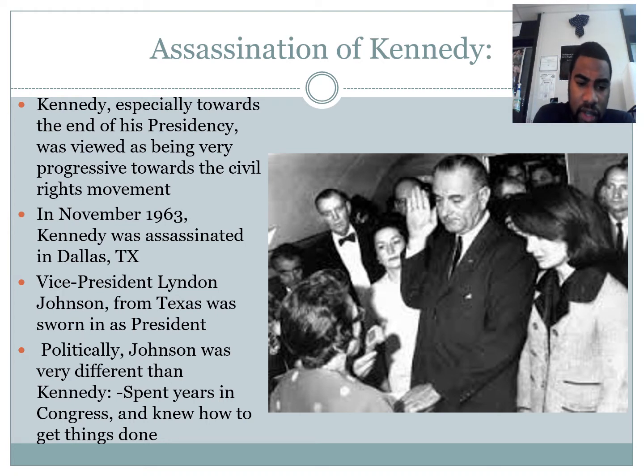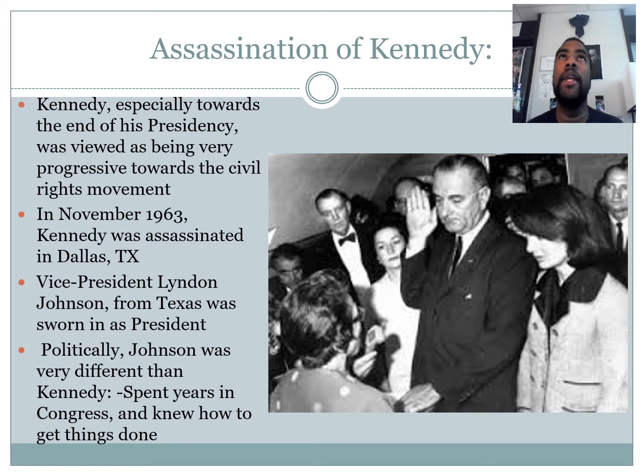He spent years in Congress, and he was actually the Majority Whip. He spent years in Congress and knew how to get things done, so he really had a connection to other congressmen.